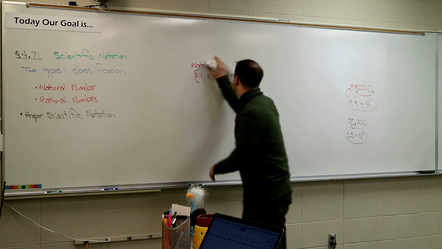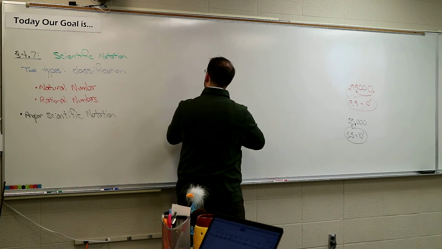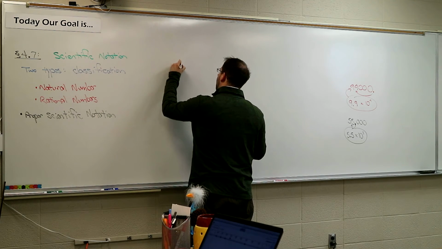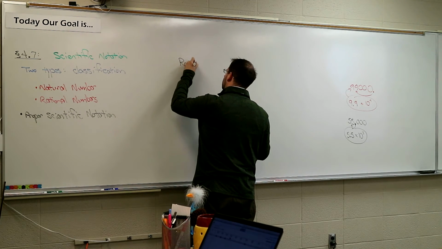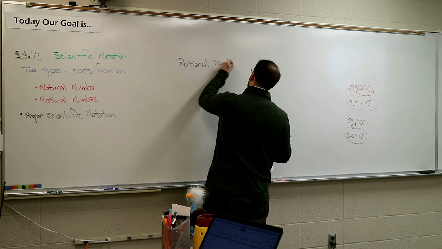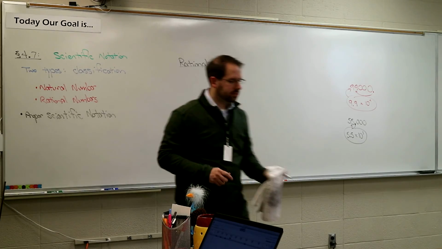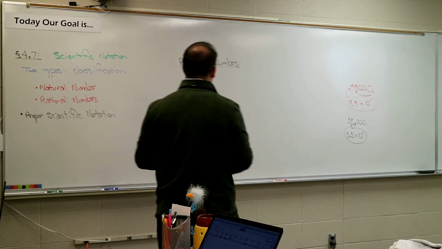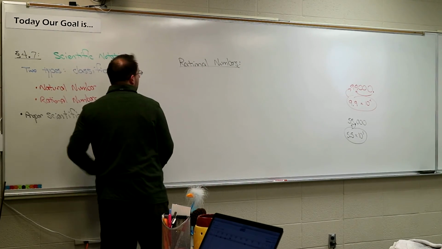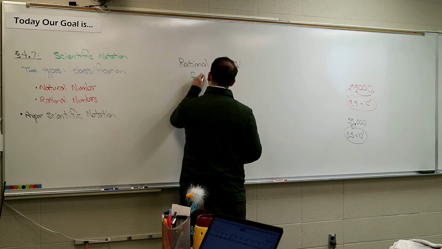Next one here. Now we're going to be dealing with the rational numbers. Okay, so rational numbers. Okay, so here's how this works. Rational numbers are anything you can write as a fraction.